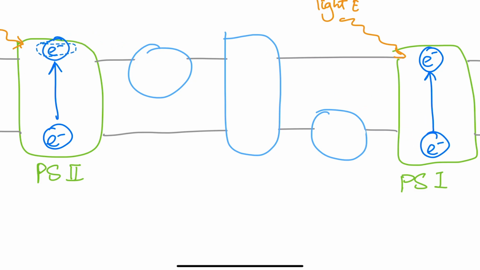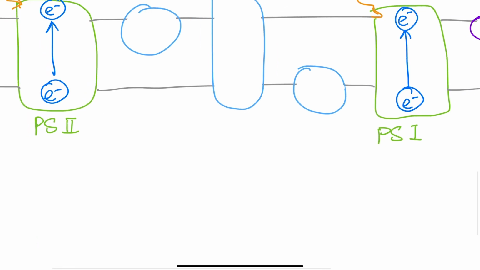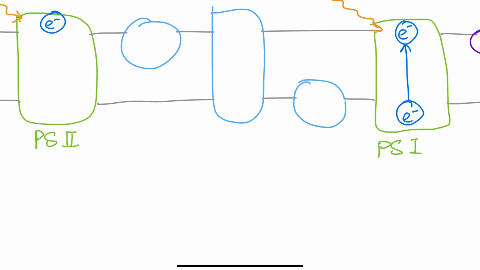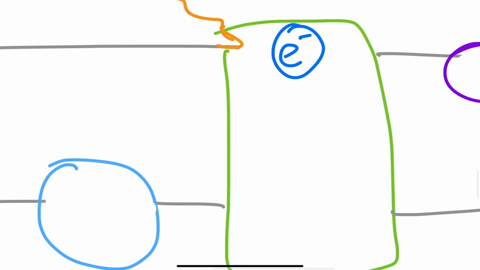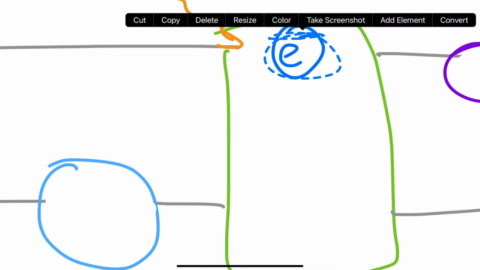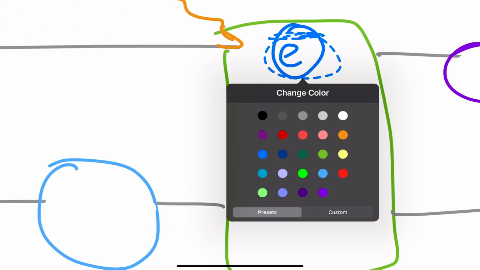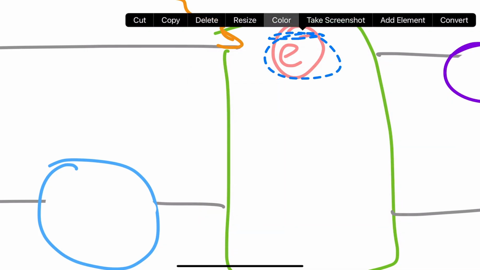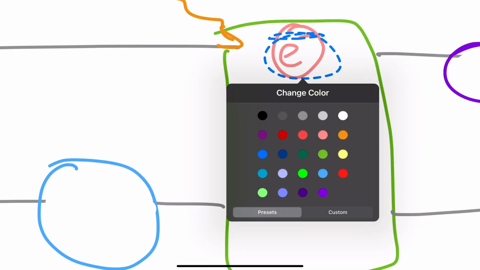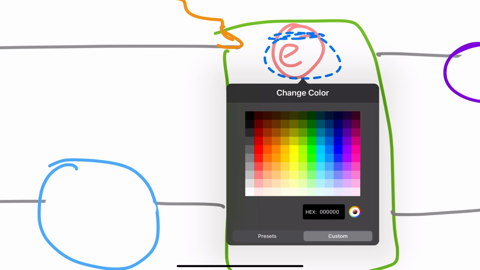So let me just show you how that happens again. Now I'm going to erase the bottom electrons since they already moved up to a higher energy level. And I'm going to label this electron a slightly different color so you can differentiate them. I'll say this color works.